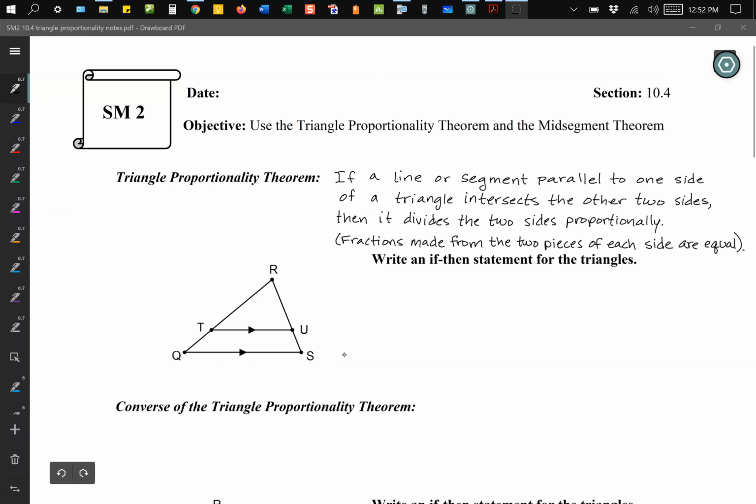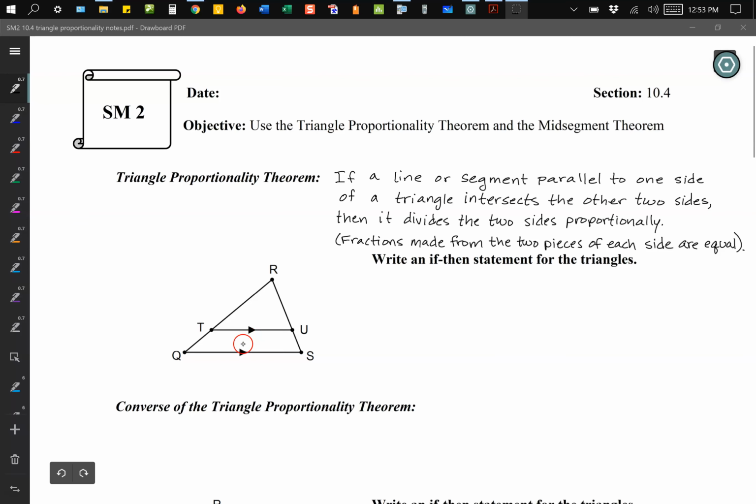And that segment intersects the other two sides. So segment TU right here intersects this side and it intersects this side. So it touches these two sides at points T and U. Then it divides the two sides proportionally.